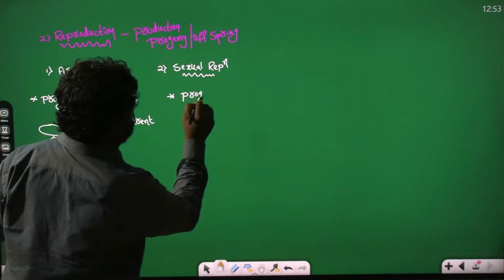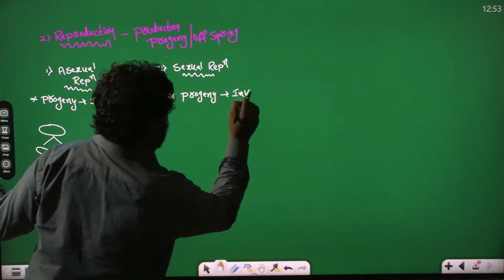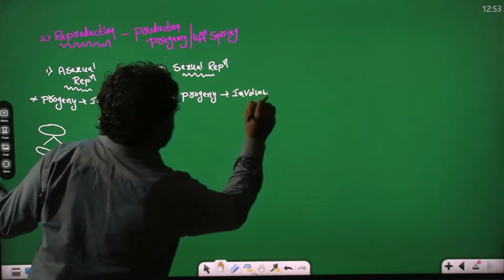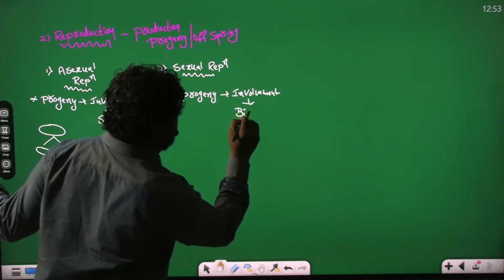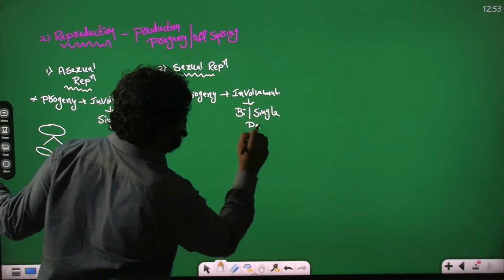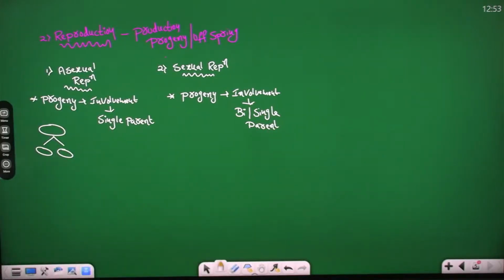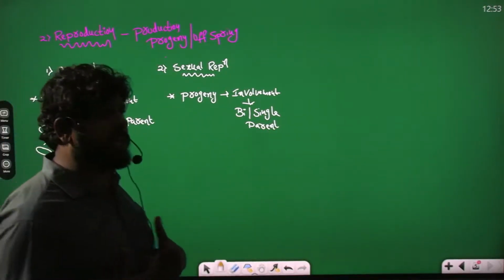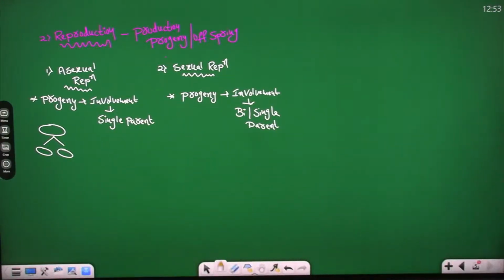Production of progeny by the involvement of biparent or single parent. Both possibilities. Here students get confused. In sexual reproduction, students consider biparent compulsory, mother and father, female and male. No. A single parent is also possible.